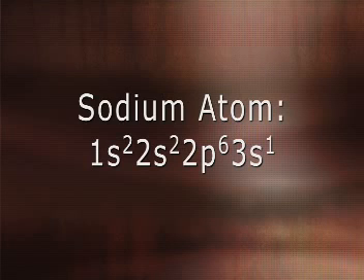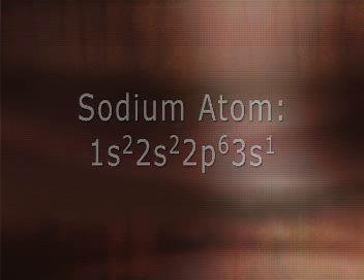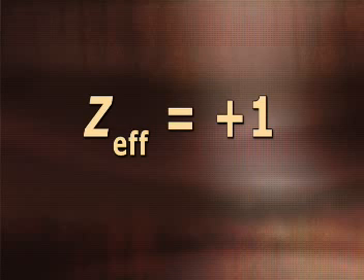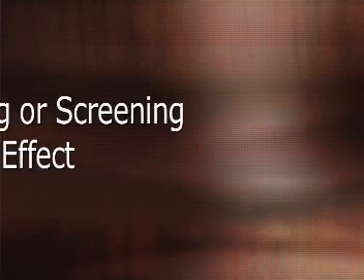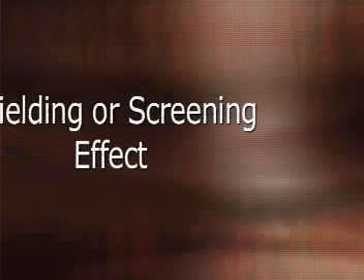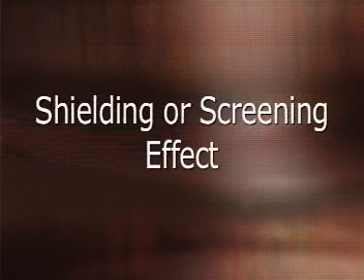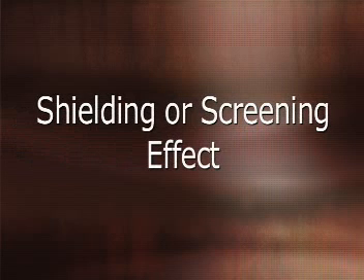Thus, the inner electrons screen the valence electrons from the full attractive force of the nucleus, leaving an effective nuclear charge of +1. The fact that the inner electrons shield or screen the outer electrons from the full charge of the nucleus is known as the shielding or screening effect.